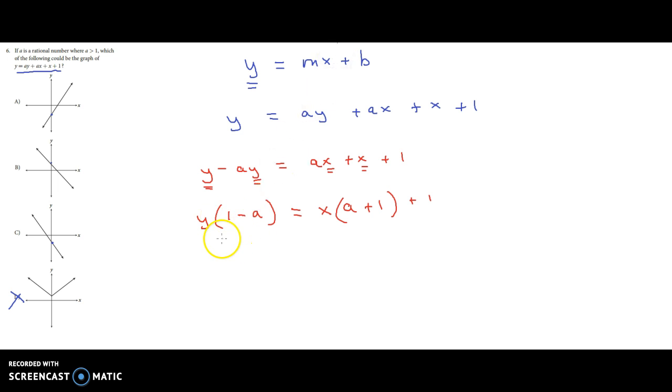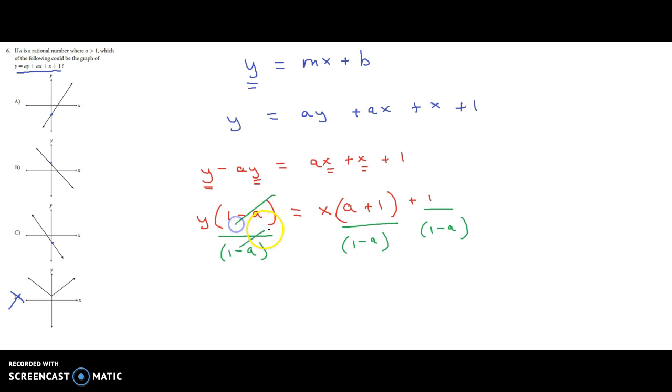The way that we can do that is just divide everything by 1 minus a. So let's divide this by 1 minus a, and divide this term by 1 minus a. I know it's looking weird, but just hang in there. These are just numbers, 1 minus a. It's the method that matters.